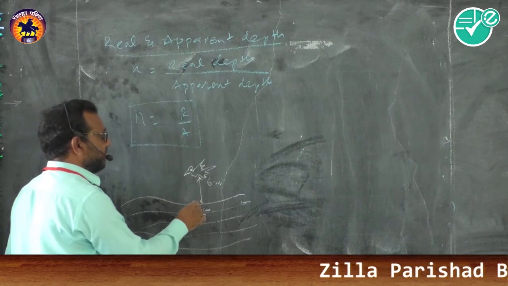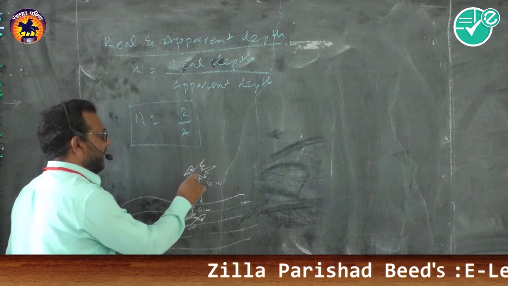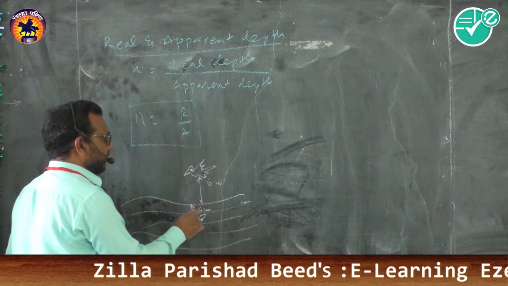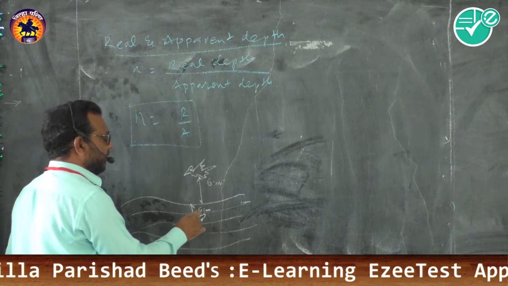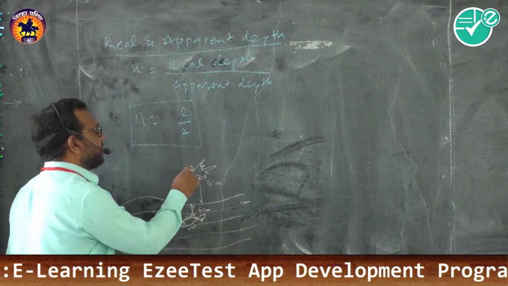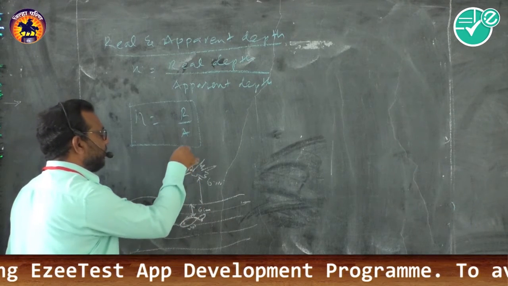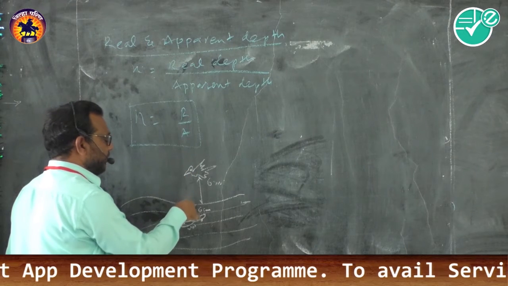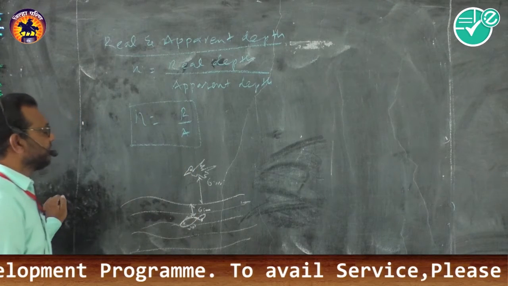To this crane, the fish is below the water level at a distance of 6 centimeters. So how far does the crane have to insert its beak to pick up that fish?